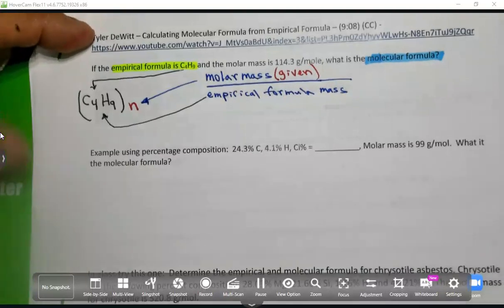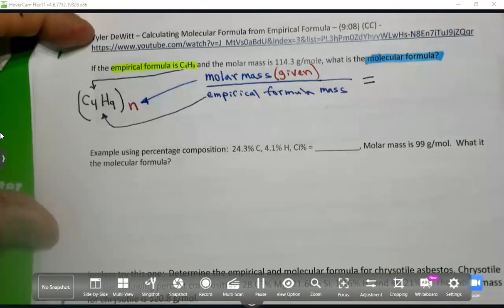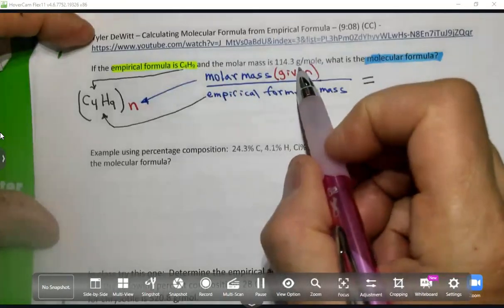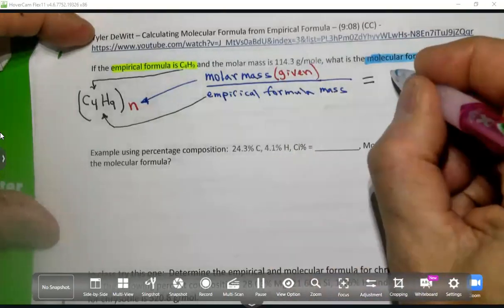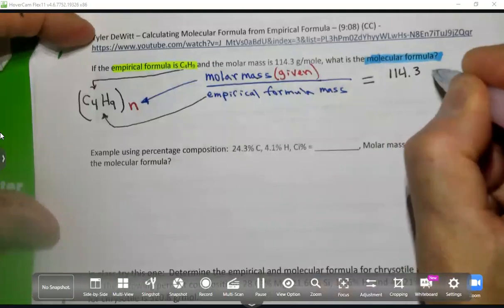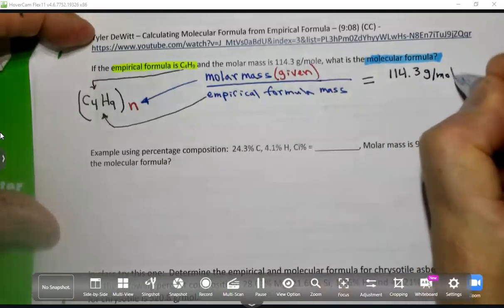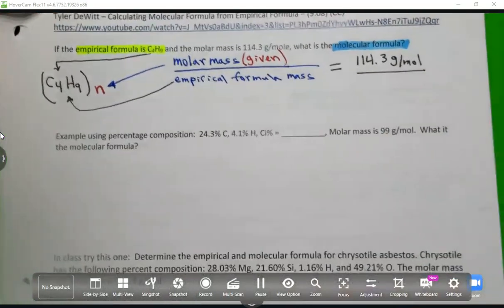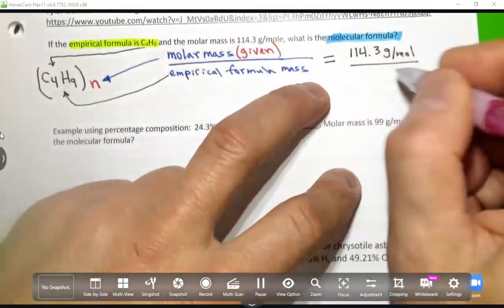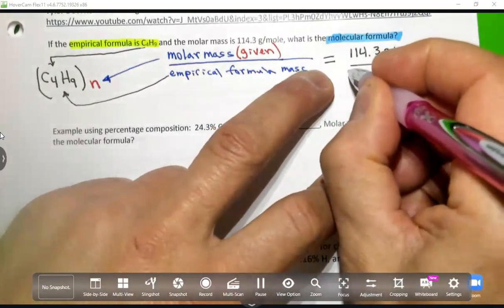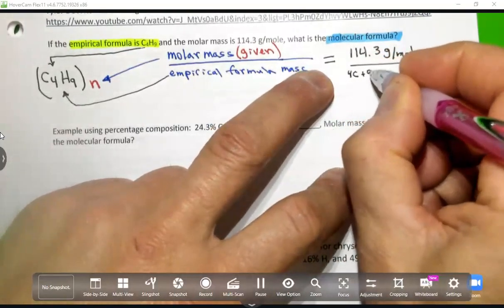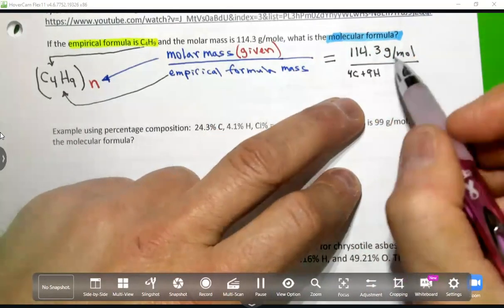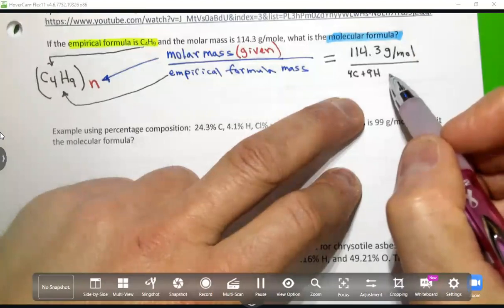All right, so let's do that. The molar mass is 114.3 grams per mole. The empirical formula mass is going to be 4 carbons plus 9 hydrogens.